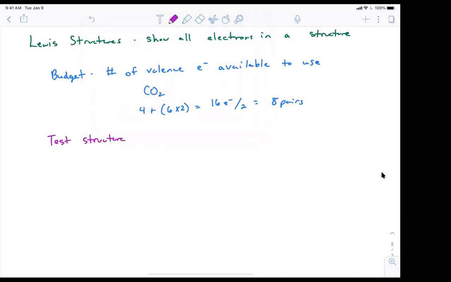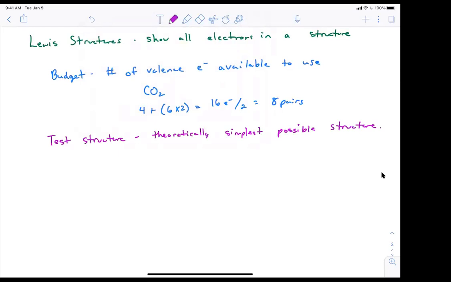Now, the second aspect that I do is what I call the test structure. Okay? The test structure, because with this, it feels like it's kind of guess and check, but what you do with the test structure is you draw the theoretically simplest possible structure. Okay.